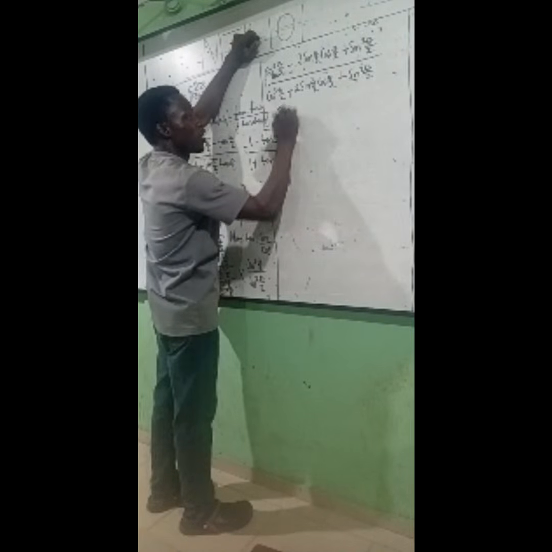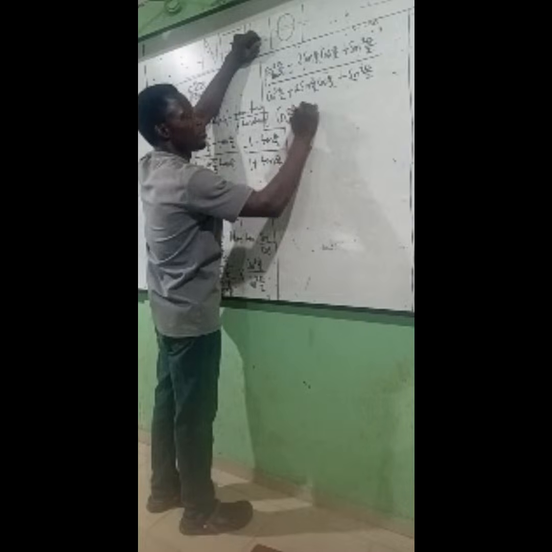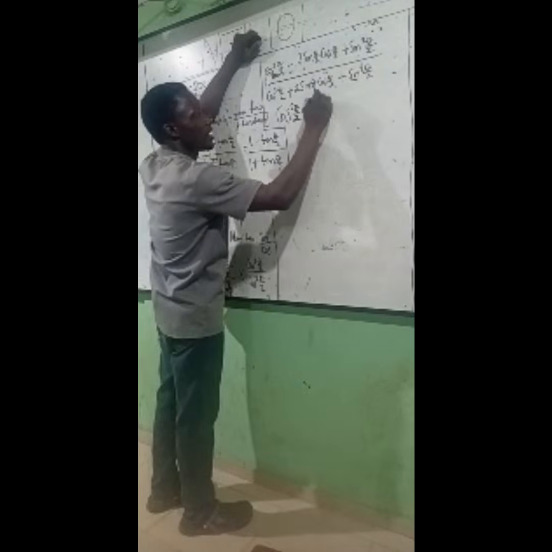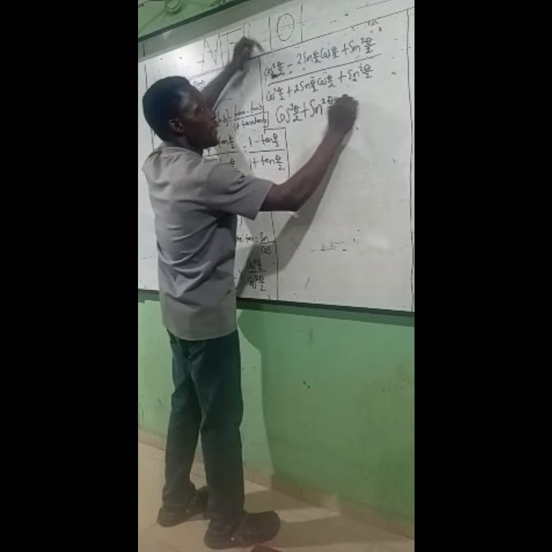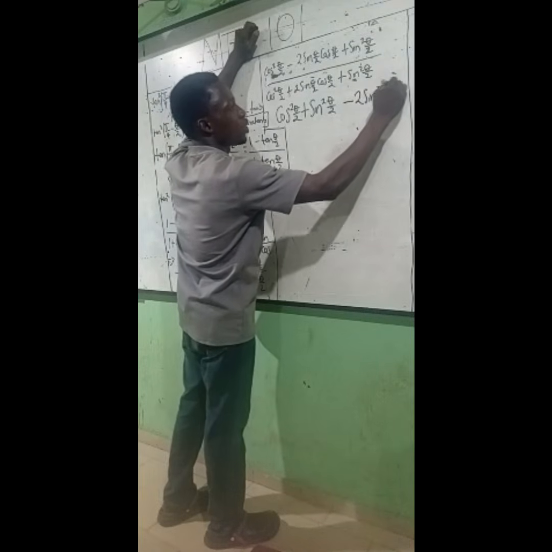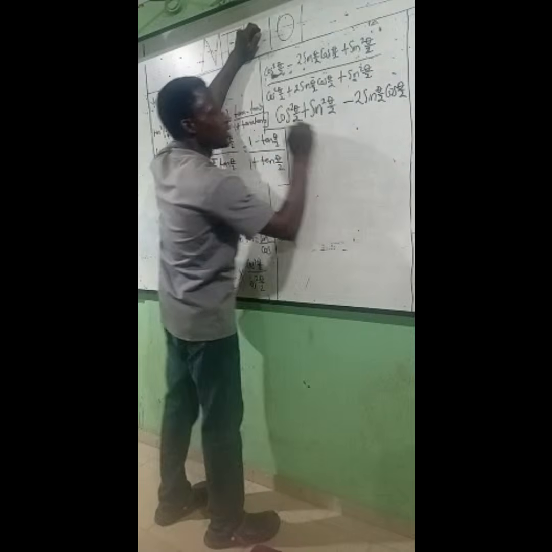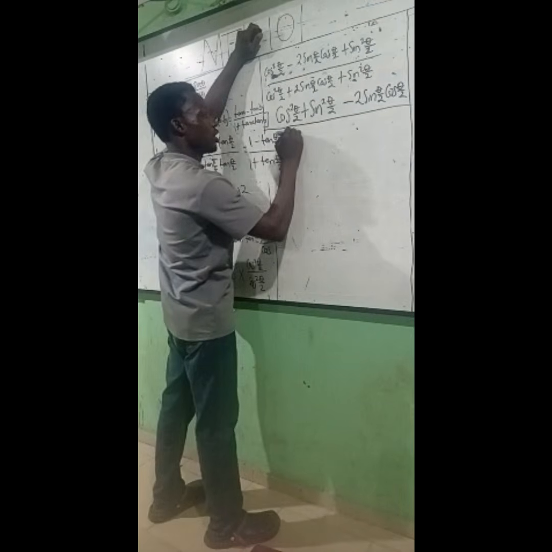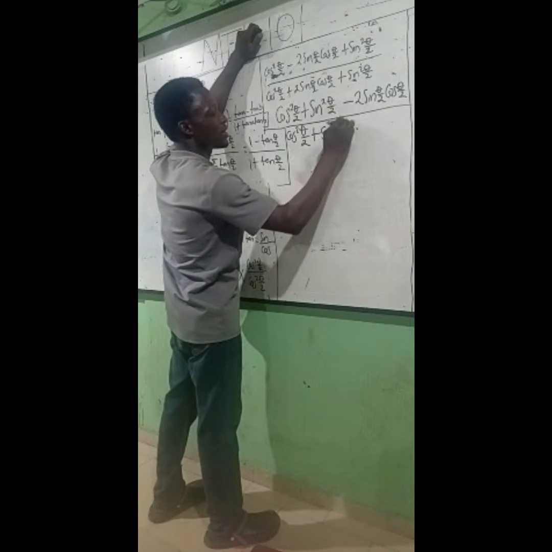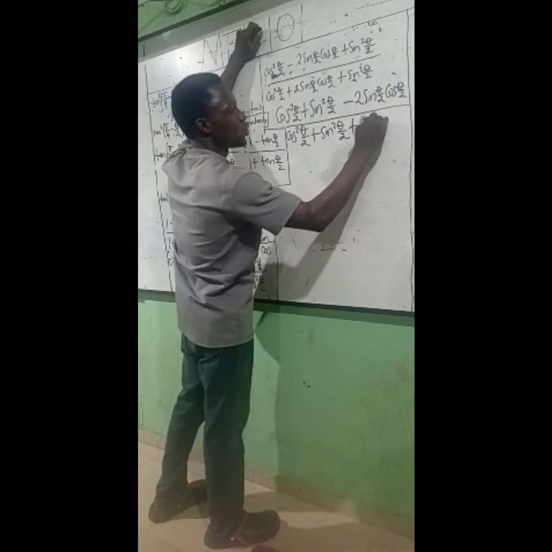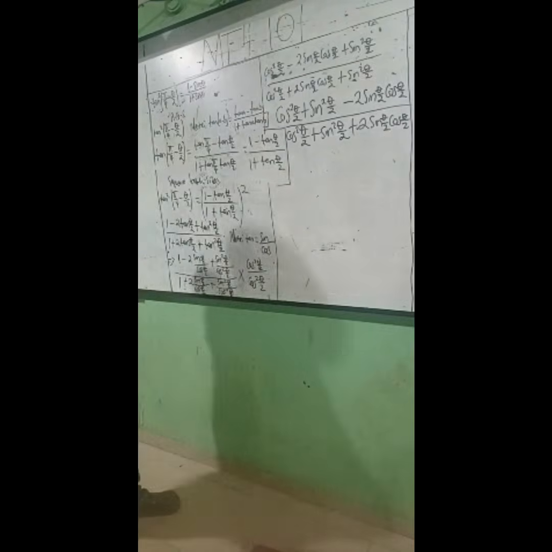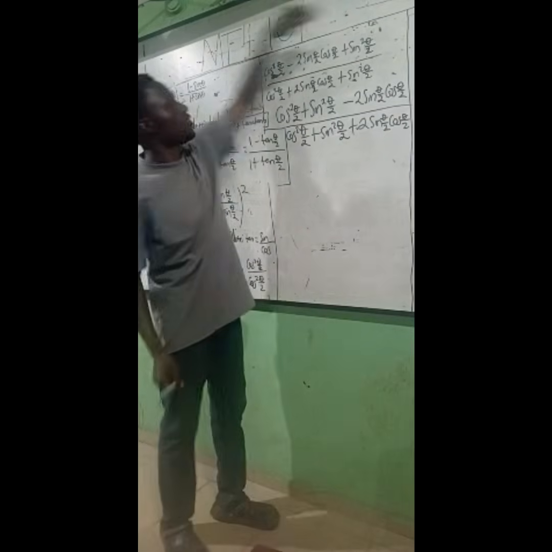Here we have cos squared(θ/2) plus sin squared(θ/2) minus 2 sin(θ/2) cos(θ/2), divided by cos squared(θ/2) plus sin squared(θ/2) plus 2 sin(θ/2) cos(θ/2). Is it clear? I joined the first and last together.